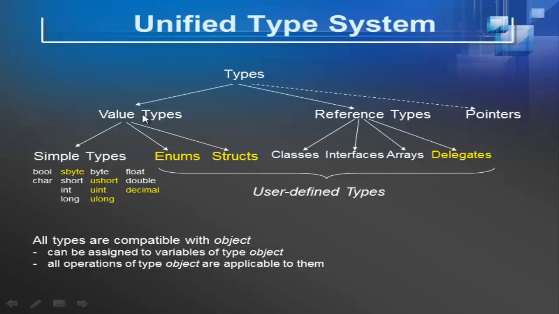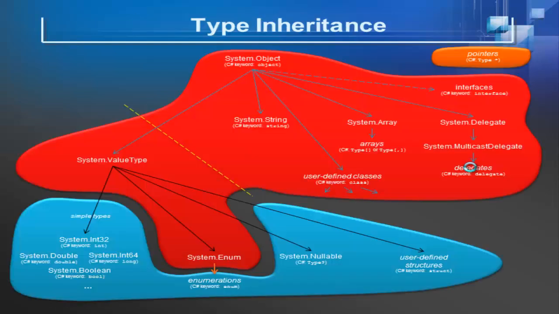When we say value type, the values are stored inside the stack. Whereas when we talk about the reference types, the values are stored on a heap and a pointer to the heap is made from the stack. So we have the reference types, which are classes, interfaces, arrays, and today we are going to see what are delegates, very different data types that you may not be familiar with.